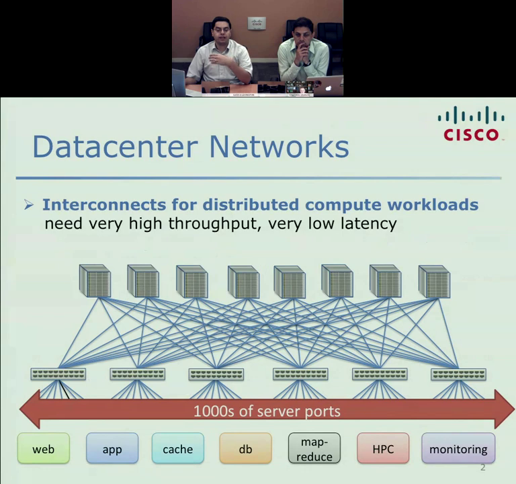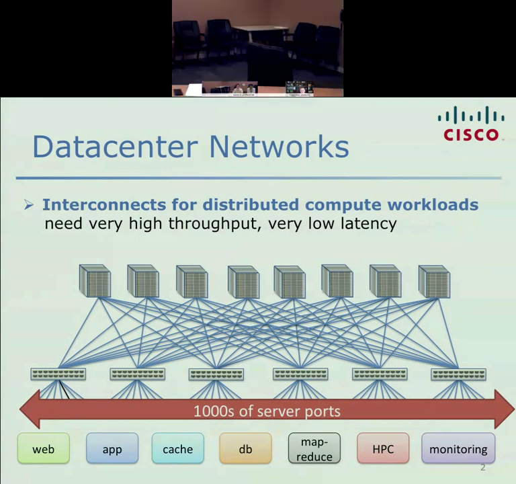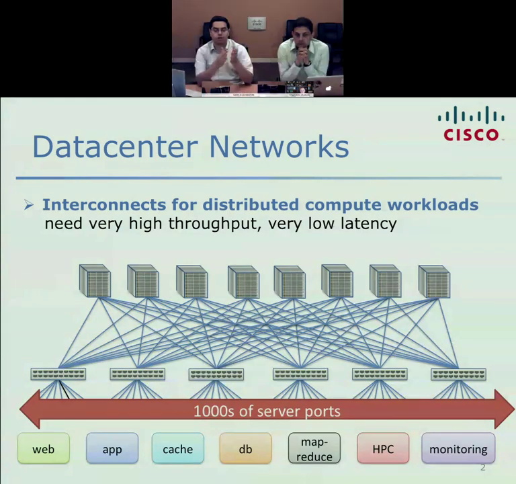And this has spurred a shift in data center architectures over the past several years. We're seeing a new trend where the traditional ToR aggregation core architectures of enterprise networks are being replaced with new, modern data center architectures.